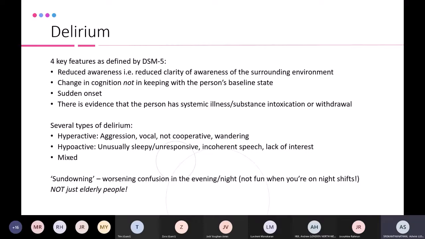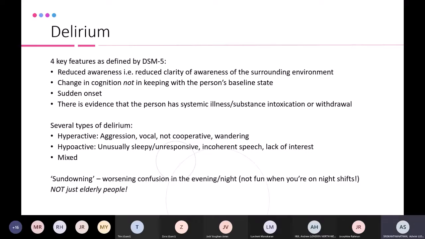So, for example, you might have a dementia patient who will be a bit confused, have a bit of memory loss, but that would be their baseline, and if there's any changes to that and they seem to have gotten worse, then you'd be worried. And it's really hard to differentiate, but when you know the patient well, and if you've got family members, it's quite useful to talk to them so you know what their baseline is, because they can always pick out any changes in them, and you might raise some suspicions of delirium.